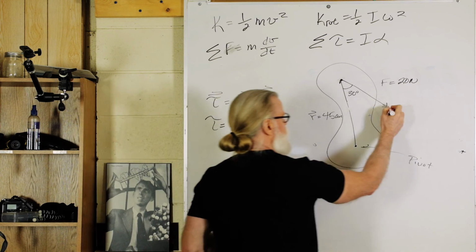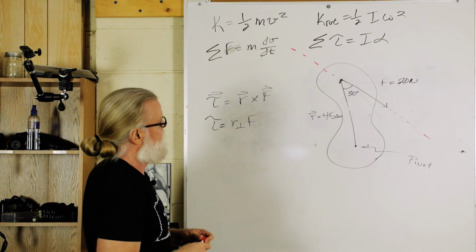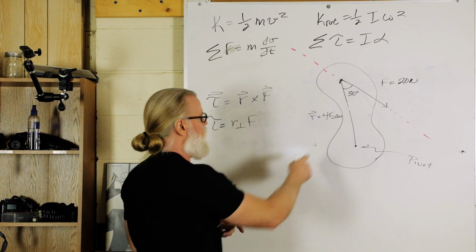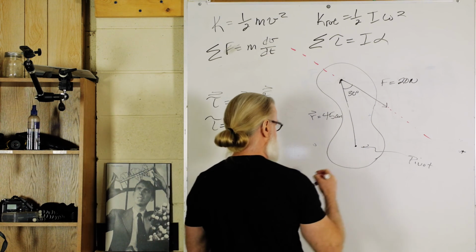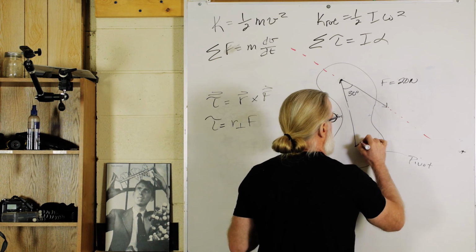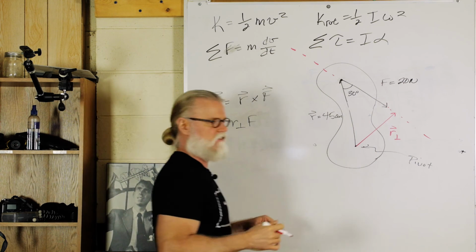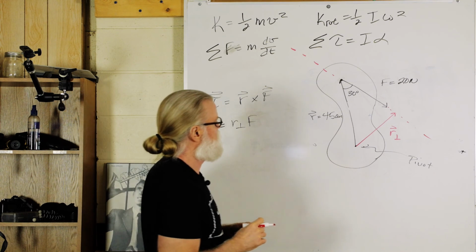The force is where the action is, like that. Now we need to find the moment arm, the component of r that is perpendicular to that. And it looks like it's going to be like this. It's the shortest distance to the line of action from the pivot point.